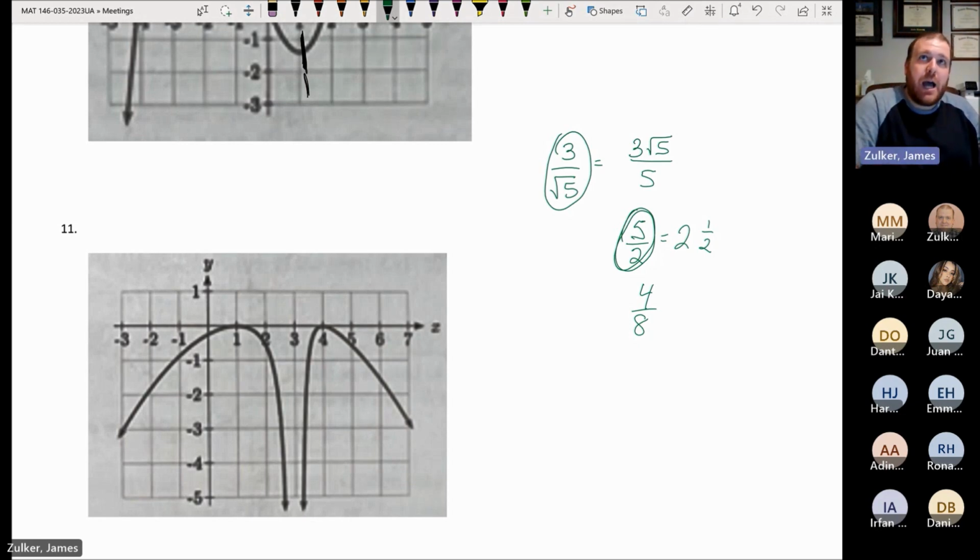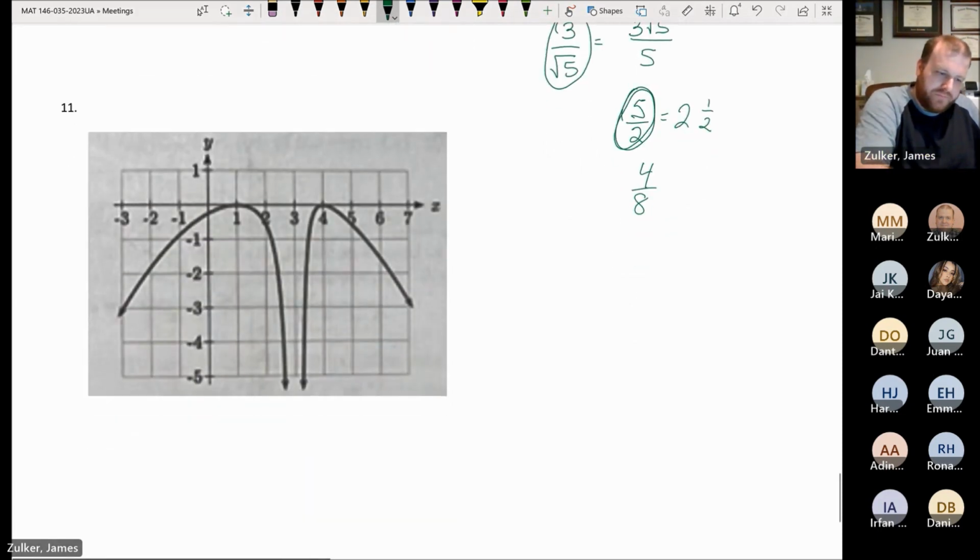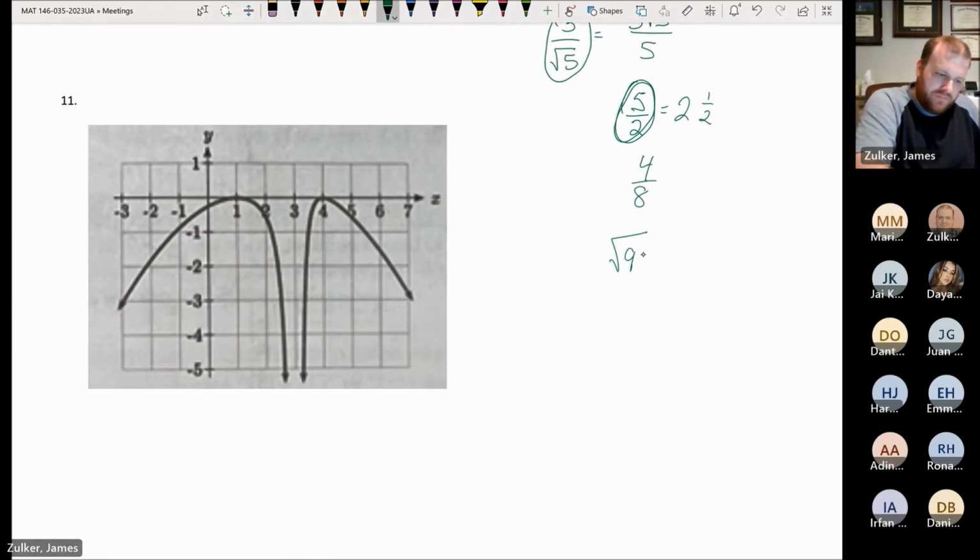Right, so something like square root of 96, that would be acceptable, even though it's not simplified.